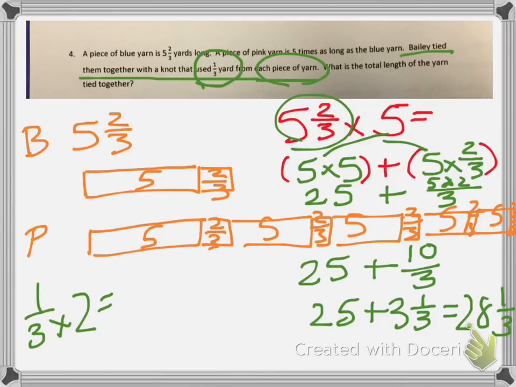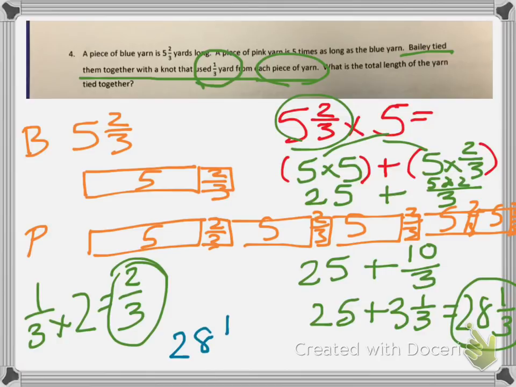So that's really 2/3. So she used that. That got taken away off of the total length. So we need to subtract it. I'm going to change it to a blue. We need to subtract 28 and 1/3, take away 2/3.